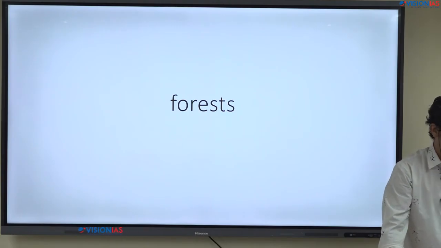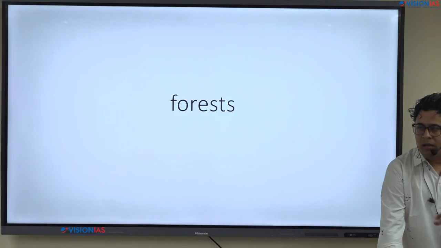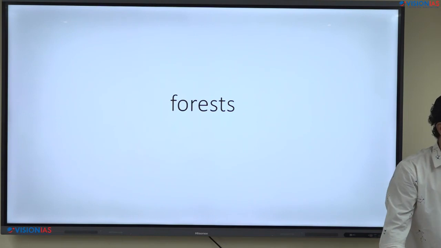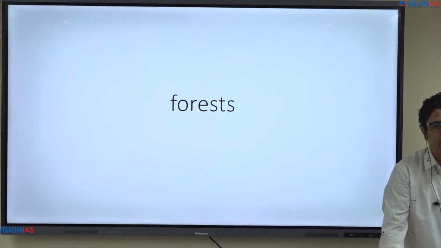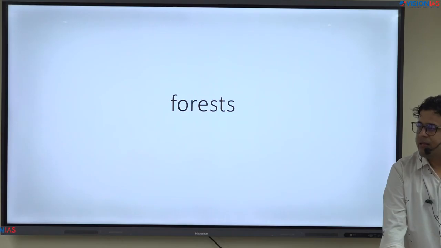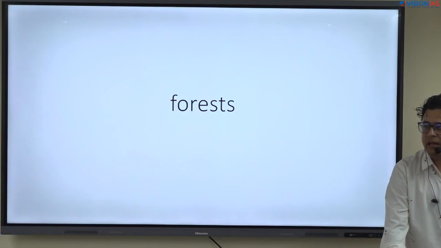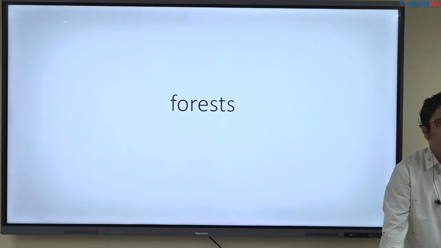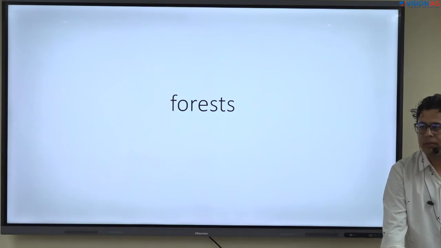Even if the topic is given in any study material, hardly 7 or 8 forest types would have been explained. But in reality, there are 16 types of forest in India. So you should be familiar with all of them.